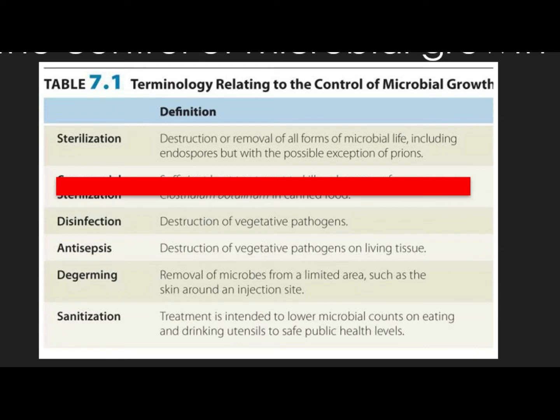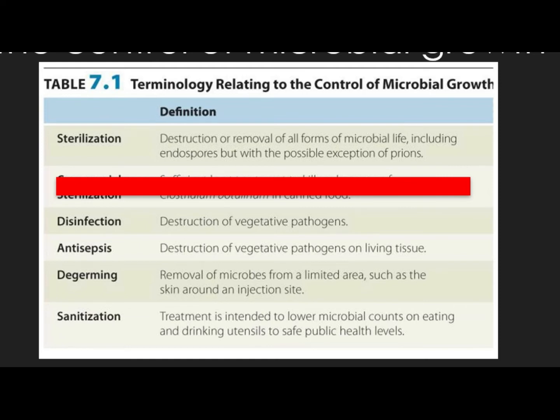Sort of a follow-up term to antisepsis is something called degerming. Degerming is the removal of microbes from a limited area. So a really common example of degerming would be to wipe down the skin with an alcohol wipe prior to giving an injection or taking a blood sample from a patient.